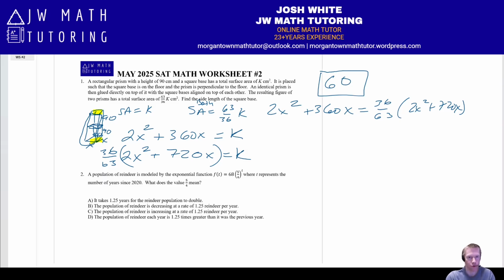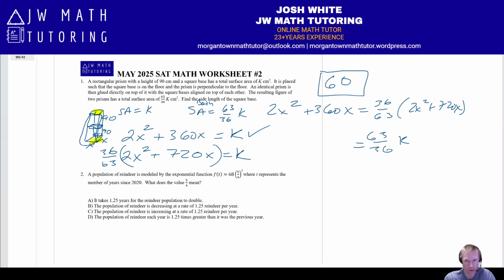Now, I will show you an alternate way to set up the second equation, which is a little bit simpler and easier, and it's actually not too bad to solve by hand. So this first equation, where it's equal to k, we're going to keep that. But now, an alternate way to think about this is: 63 over 36k is the total surface area of two prisms stacked together.